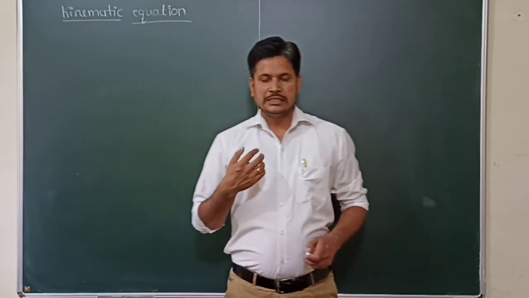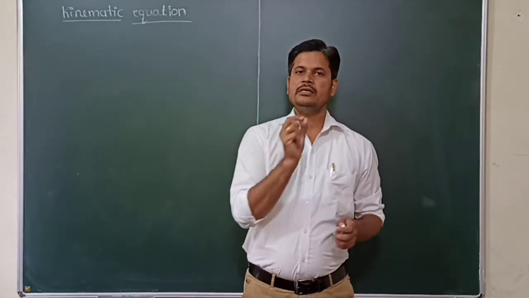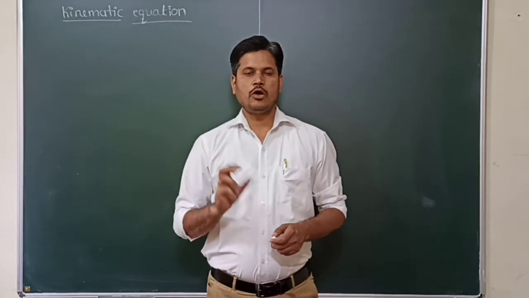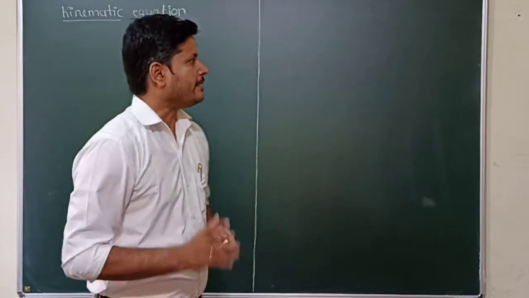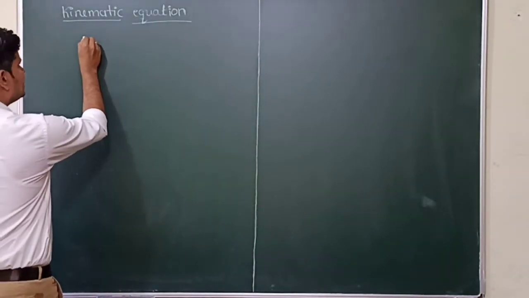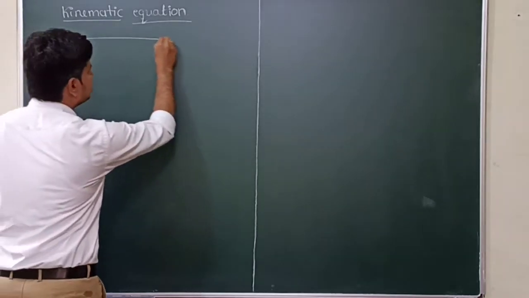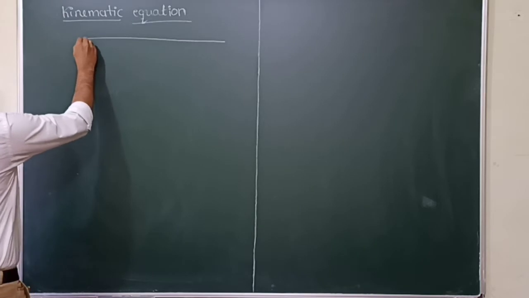In the second derivation, we are going to derive the relation between the distance traveled by the object and the velocity, acceleration and time. For that, let us consider a particle moving in a straight line, and this is the origin.